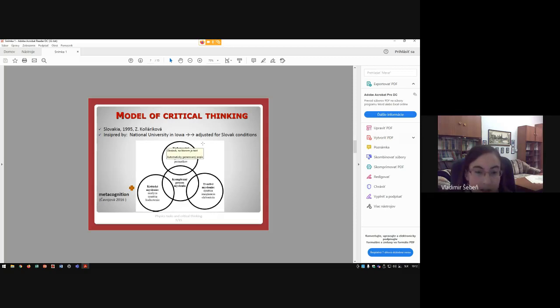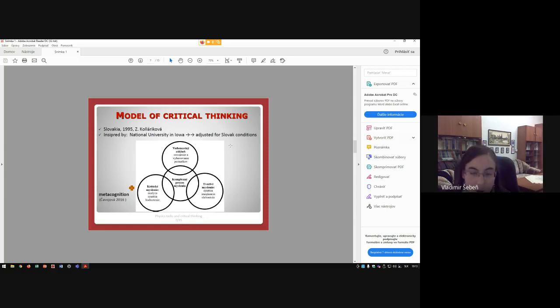If students have some knowledge, some facts about the world, then they can start to think critically. This means 3 steps: to analyze things, to synthesize information, and then to assess them. If they can think critically, then they can start to develop creative thinking, which has also 3 steps: synthesis, imagination, and elaboration.